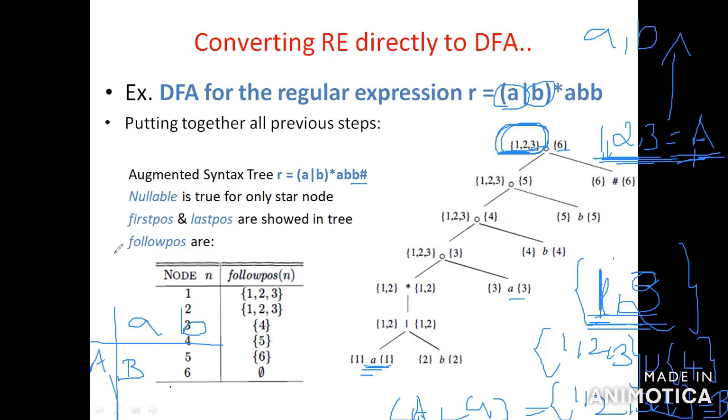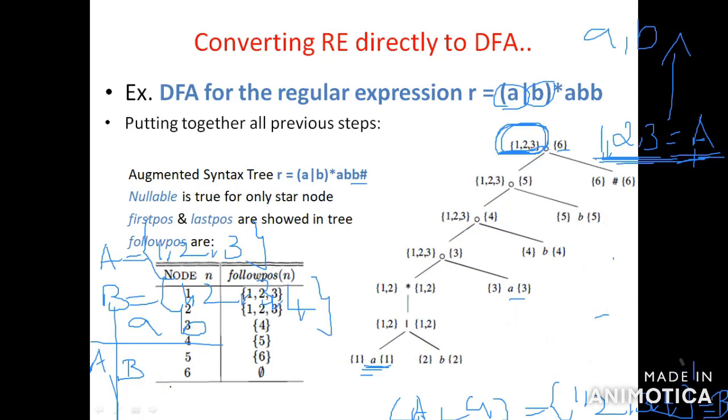So what is the value for A? A is {1, 2, 3}. The B value is nothing but {1, 2, 3, 4}. Okay, then you can check the next thing.